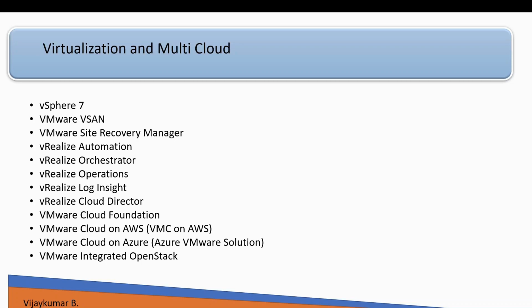So that's the overall; I wanted to cover only VMware products and solutions for virtualization and multi-cloud. That gives you a lot of information about what wide range of products are available in this area. But there are two more segments which we need to cover: VMware network components and app modernization solutions, which we will cover in the next videos.